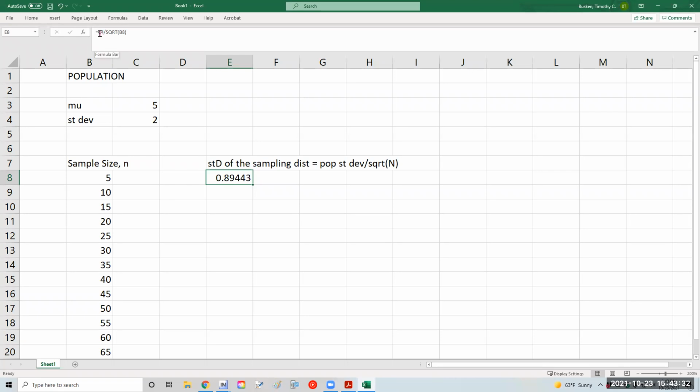So I'm either going to change the C4 to a 2, or to make Excel know that I want C4 for all my subsequent calculations, I'll put a dollar symbol in between the C and the 4. Now I'm going to grab and drag.